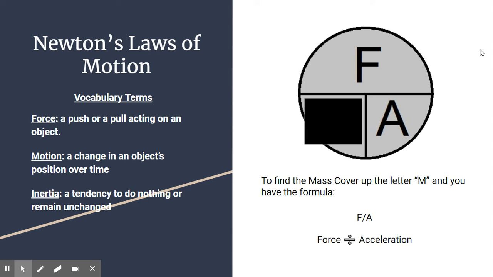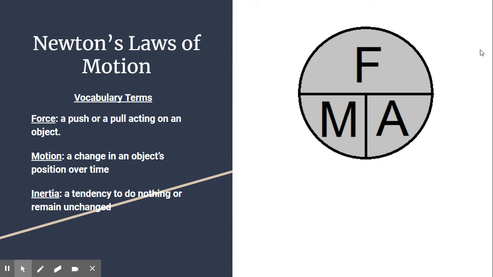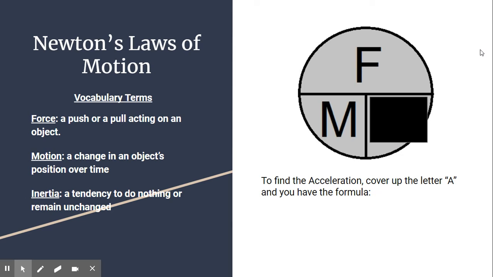So you end up with force divided by the acceleration, and that will give you the mass of the object. Or if you're trying to calculate the acceleration of an object, how fast its speed is changing, you will need to cover up the letter a. That's going to leave you with the formula F over m, or F divided by m, force divided by mass.